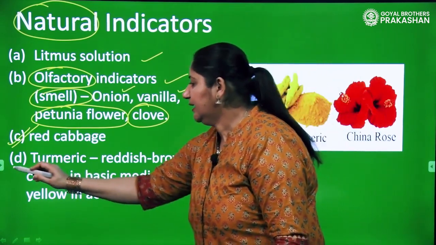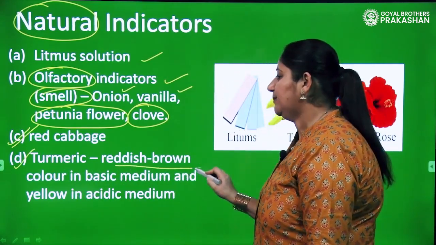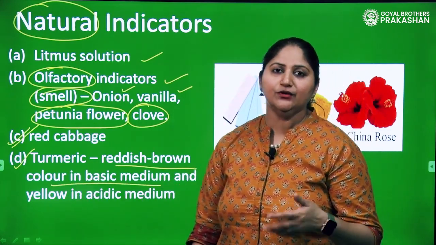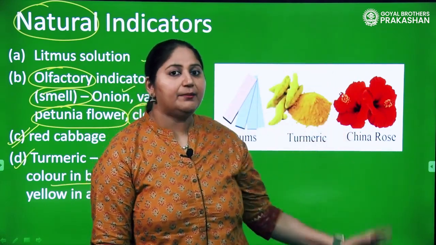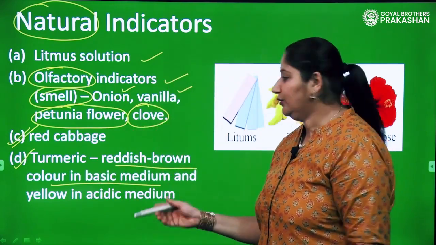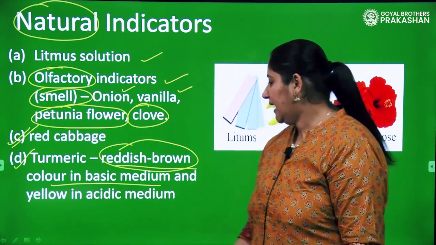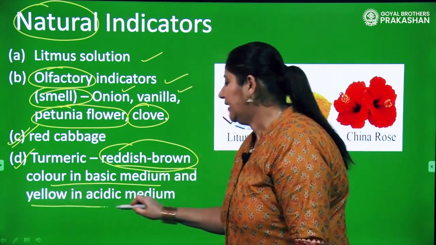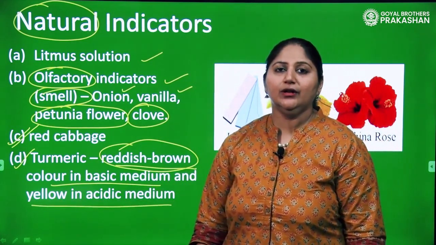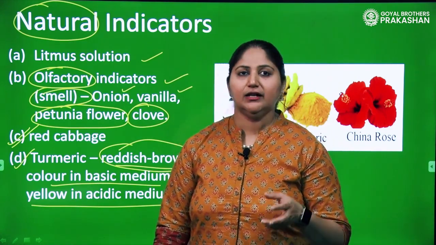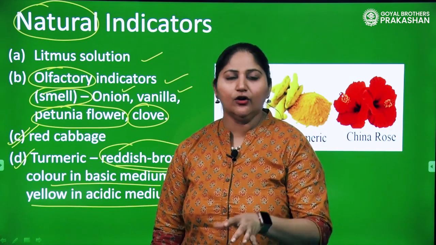Then we have turmeric. Turmeric is usually yellow in color, but it changes its color to reddish brown in basic medium, and it remains yellow in acidic medium. So, these natural indicators help us understand whether a given substance is acidic or basic.